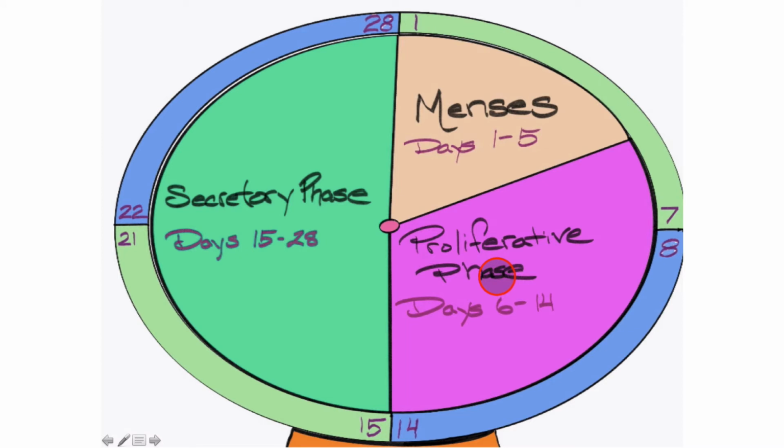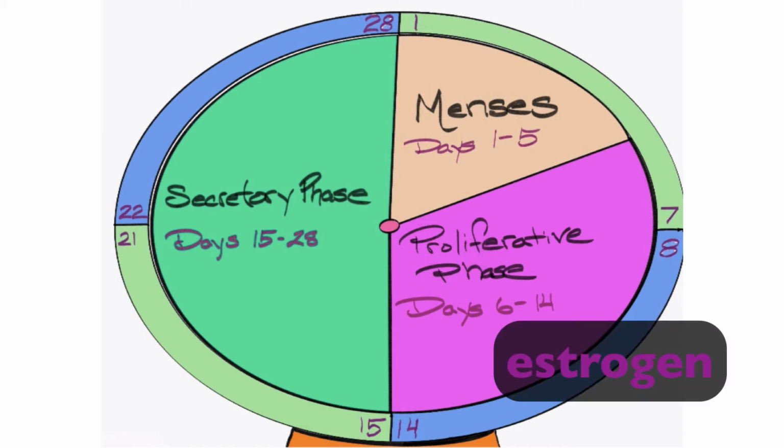The proliferative phase rebuilds the stratum functionalis via mitotic activity under the influence of a number of hormones, but we'll just stick with estrogen for now. So estrogen stimulates the rebuilding of the stratum functionalis via mitotic activity. Estrogen is being released from the ovary.